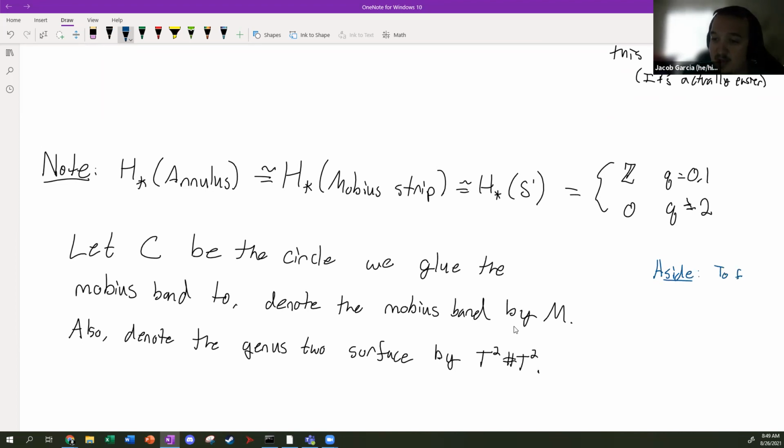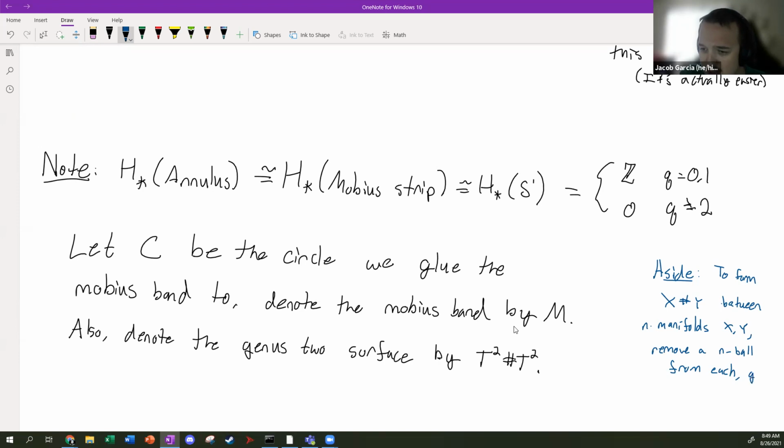To form X sum Y between n-manifolds X and Y, you remove an n-ball from each, then glue along the boundary.